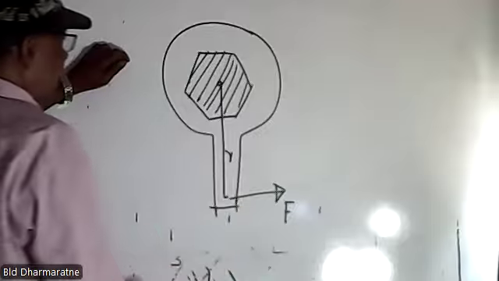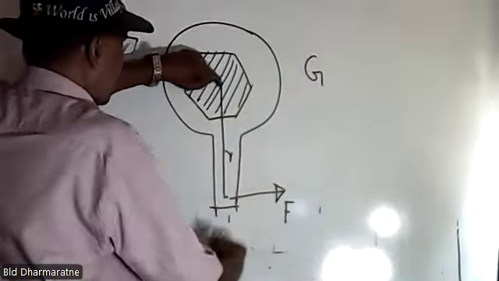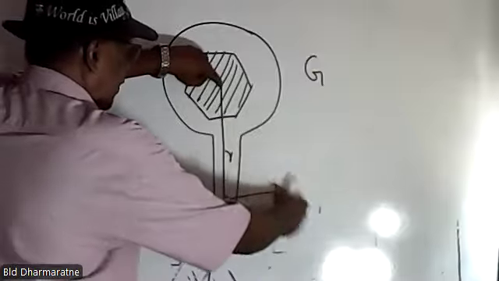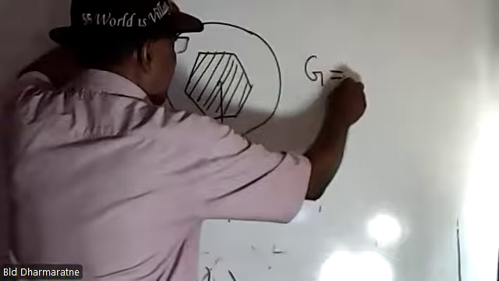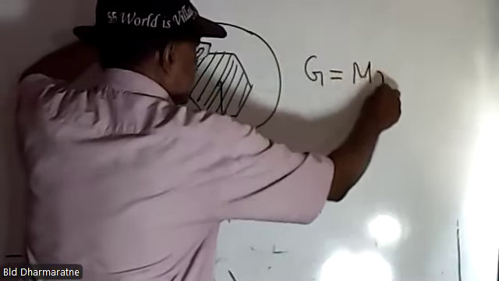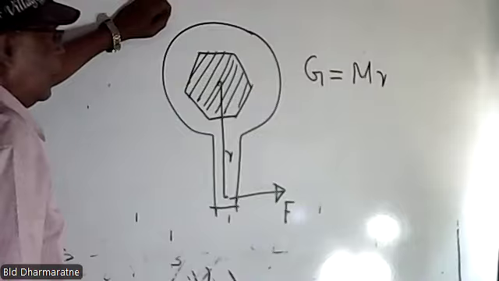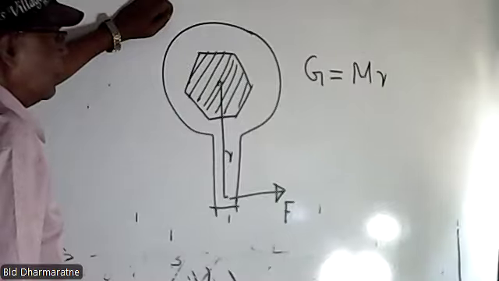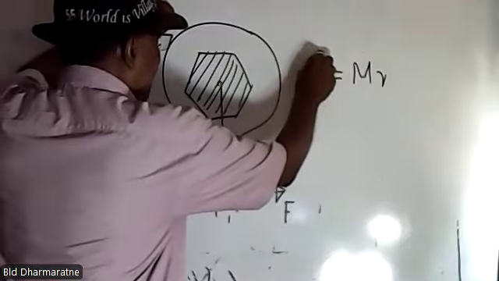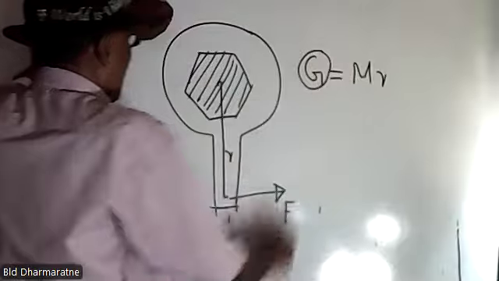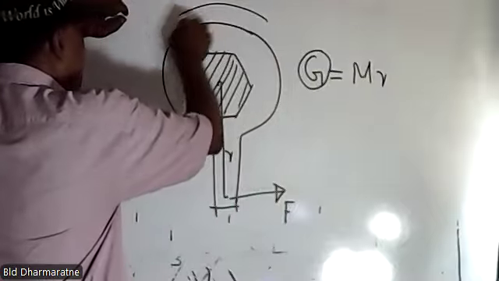Moment is normally M equal to mr, that is, mass into R. It will try to rotate in this direction.